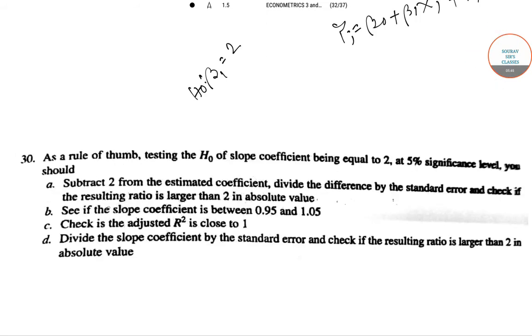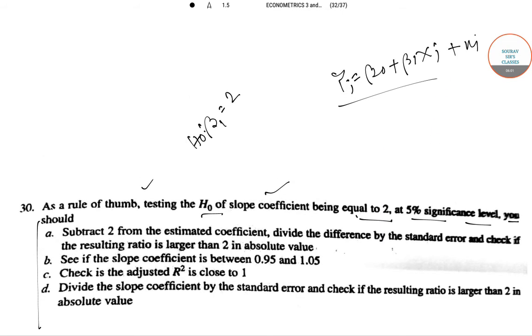Question number 30 is that a rule of thumb for rejecting the H0 of the slope coefficient being equal to 2, at the 5% level of significance, you should do what among these? Suppose my model is the specification of a two variable model: Yi equals beta 0 plus beta 1 X1 plus ui. So our slope coefficient is beta 1. So the H0 is beta 1 equals 2.